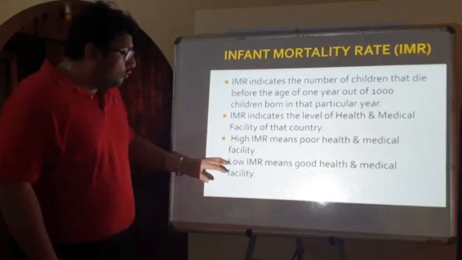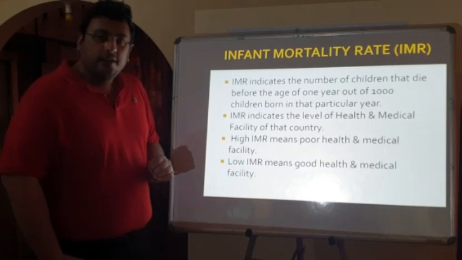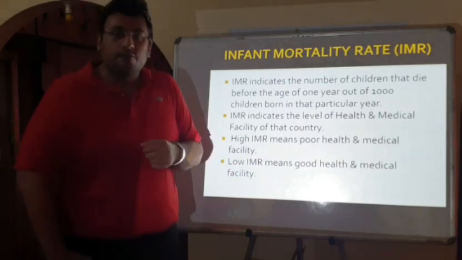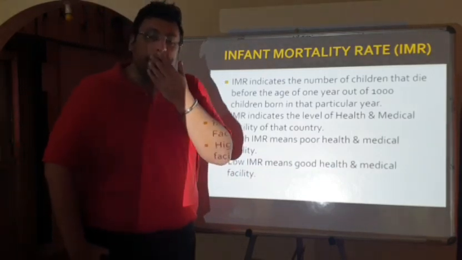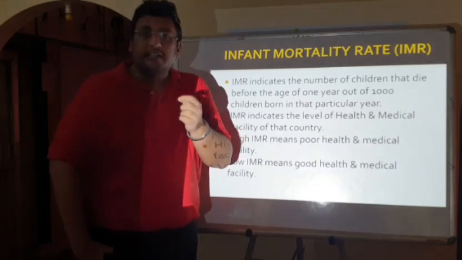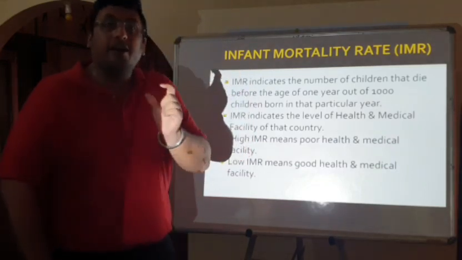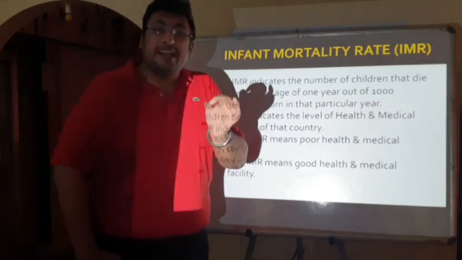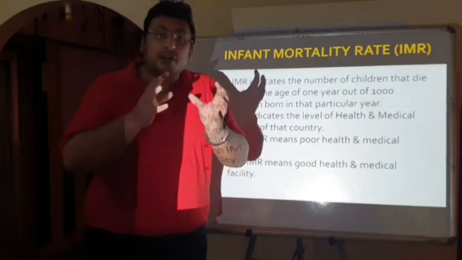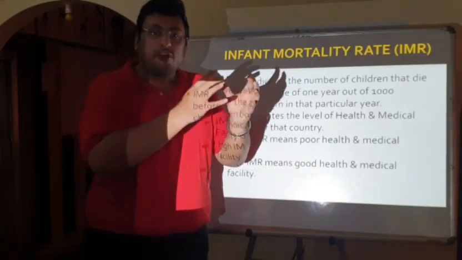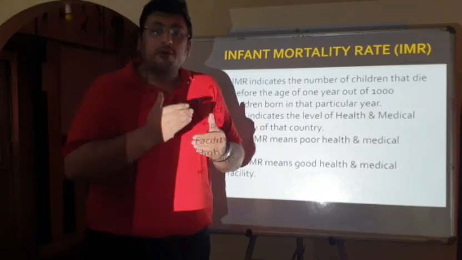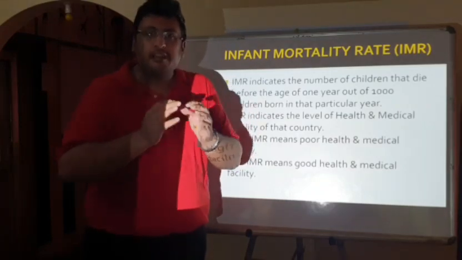If the low infant mortality rate is there, if children are not dying, what does that show? You tell me. It shows that that state or country has a good medical facility, good number of hospitals, good number of nursing homes, good number of medicines available for the child.